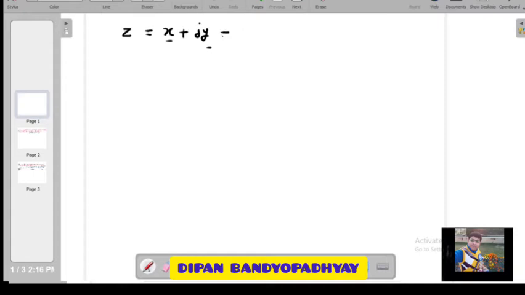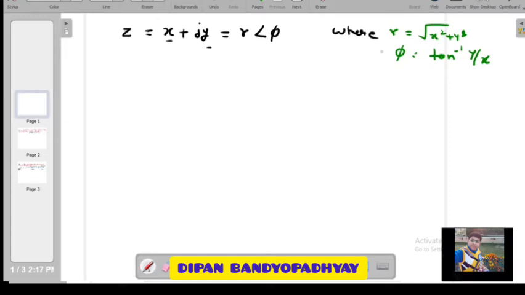You can represent it in polar form also, that is r angle phi, where r is the square root of x squared plus y squared, and phi is the tan inverse of y by x. This gives the relationship between r, phi and x, y.